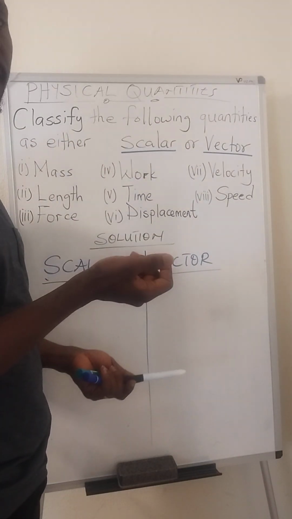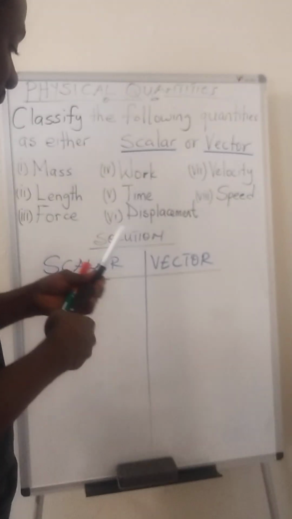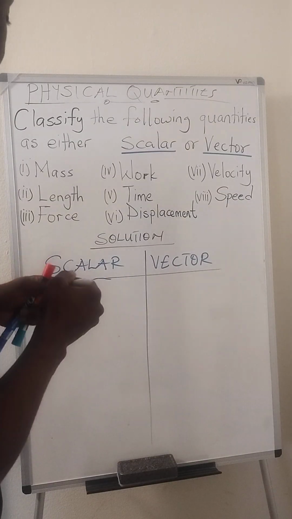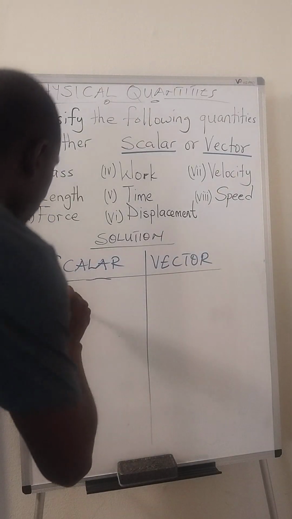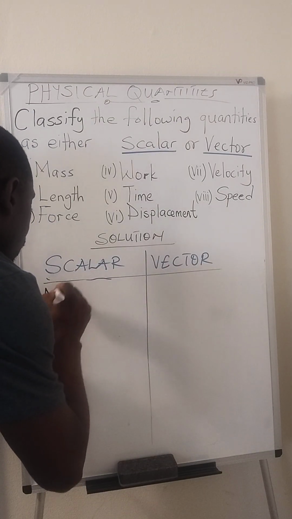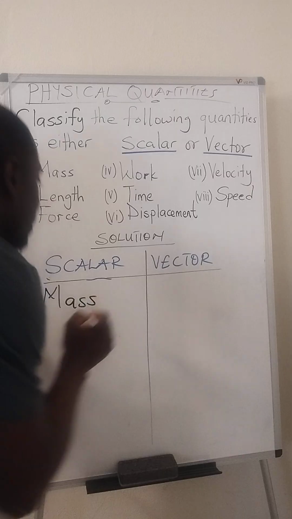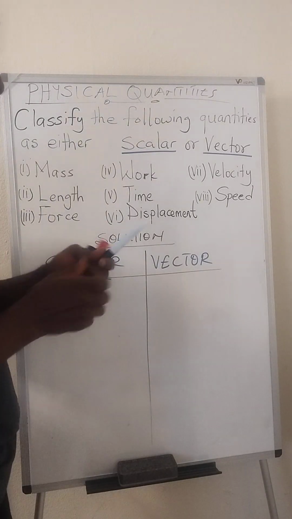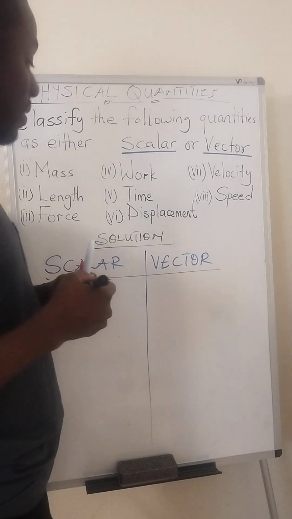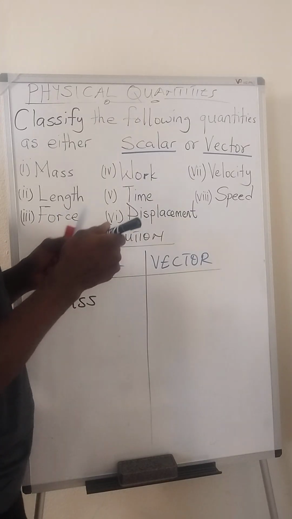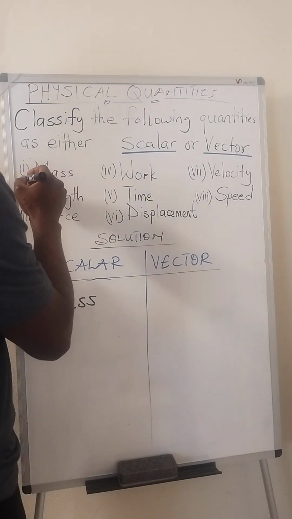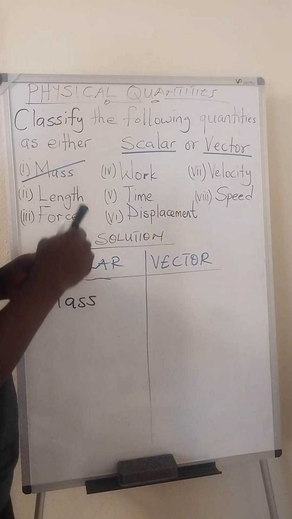But then it has no direction. And therefore, mass here becomes a scalar quantity. So I put it down here gently. So we have mass as a scalar quantity. And this is what we are going to do. Anytime we put one down, we take it out, I'm going to cross it so that we don't get confused. So we have mass out.